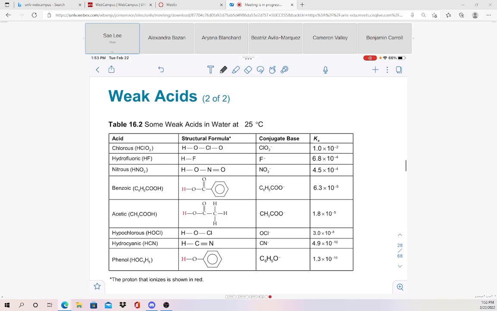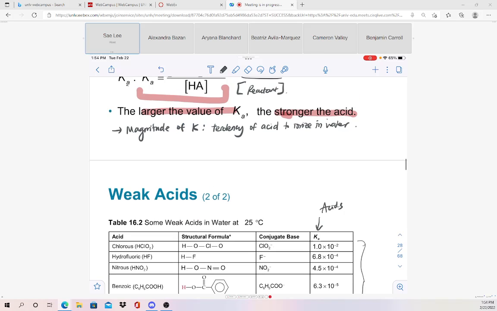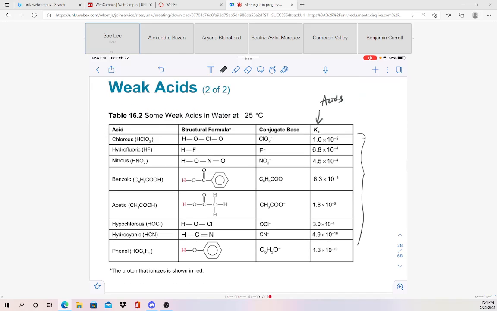So here is a list of a few examples of weak acids. The Ka value here is not for the conjugate base. This Ka value is for the acids. What can you tell from these Ka values? These Ka values are very, very small, right?